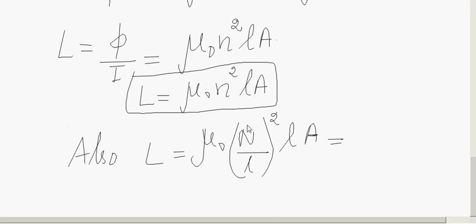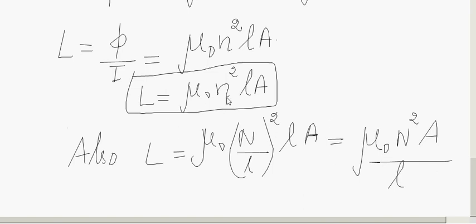So if you want to write in terms of capital N, you can write that also: mu naught N square A by L. You can use any one equation.